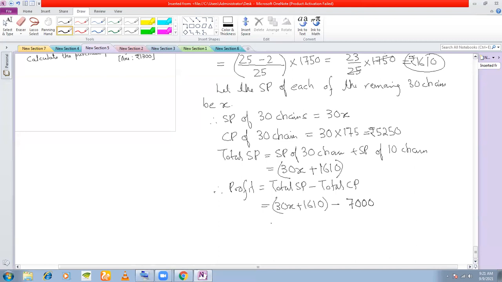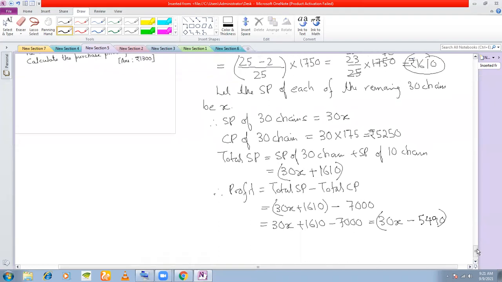So this is his profit. So this comes to 30X plus 1,610 minus 7,000. So this comes to 30X minus, I think this is 2,490. Not 2,490. This is 5,490. Right?